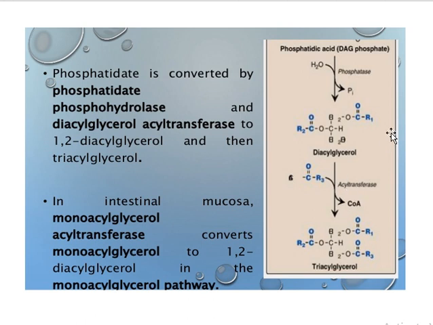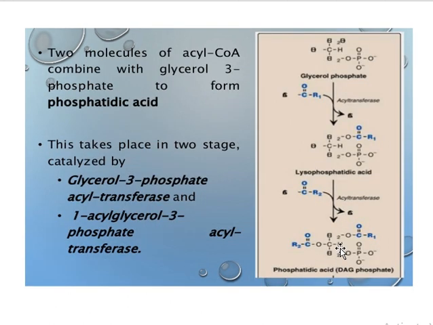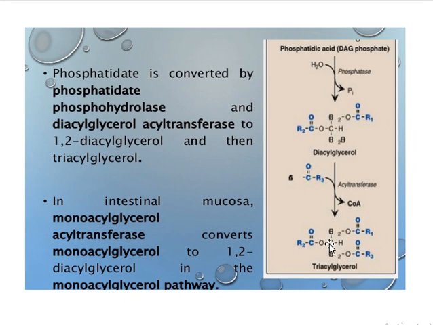So in this way, phosphatidic acid is converted to triacylglycerol. As we see, the synthesis of triacylglycerol takes place from glycerol 3-phosphate, and this pathway is present in the liver and adipose tissues.